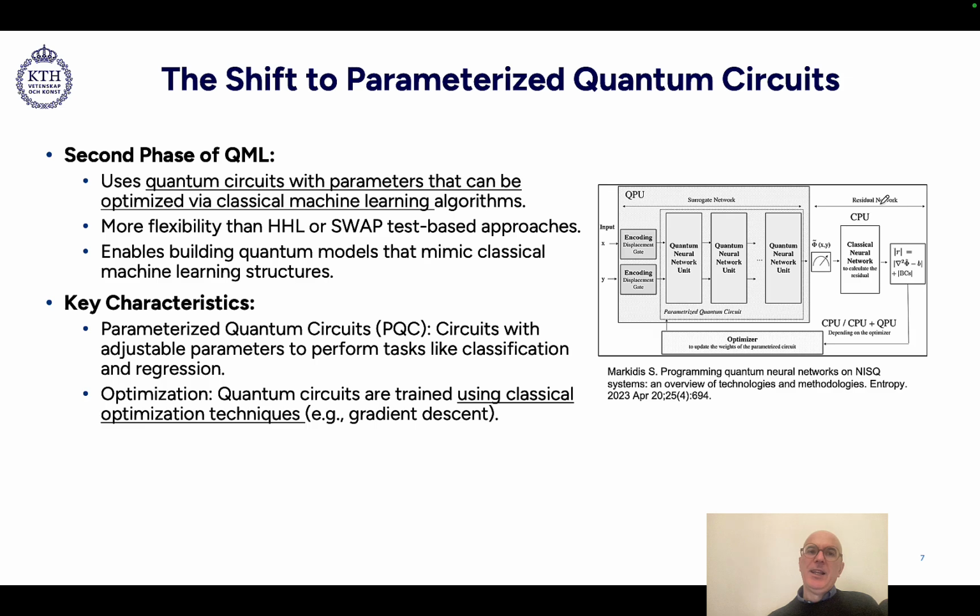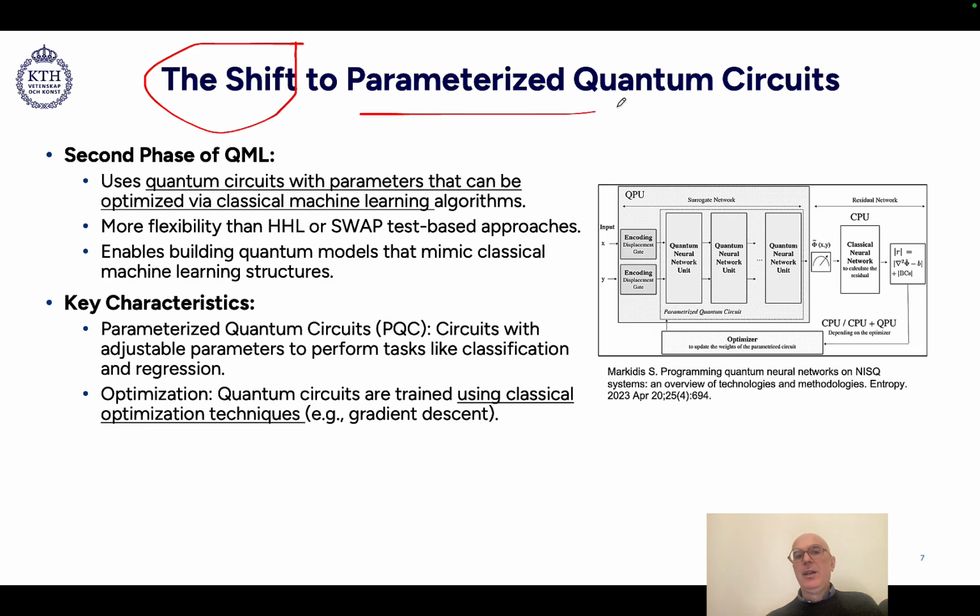So the second main shift in quantum machine learning is to look at so-called parameterized quantum circuits, or PQC. These quantum circuits have parameters that can be optimized via classical machine learning algorithms. So the quantum circuit itself is executed on a quantum computer, we get a measurement of a certain observable, and we use this measurement to calculate the loss function. After we calculate the loss function, we use a classical optimizer, so not anymore a quantum computer, to calculate a new set of parameters that we can feed back into our quantum circuit.